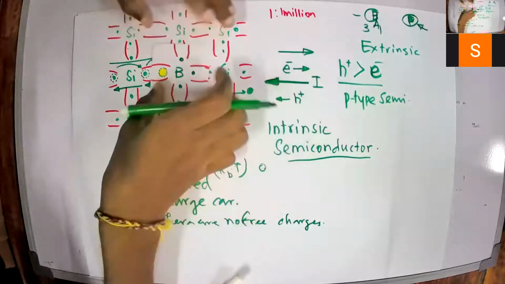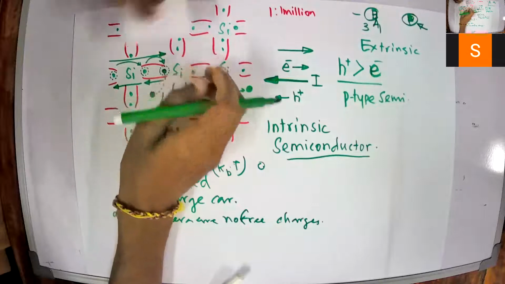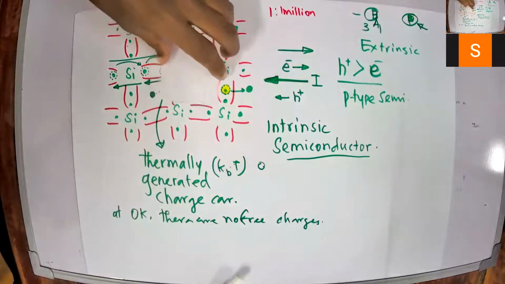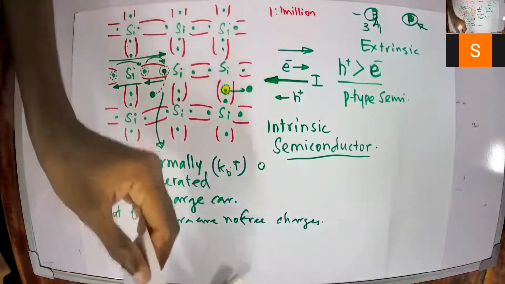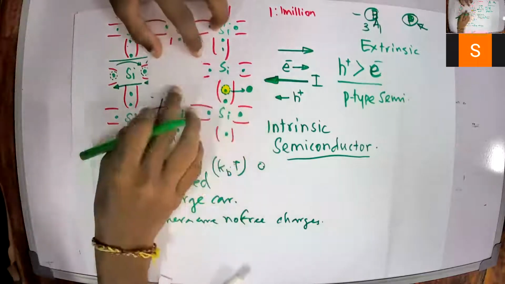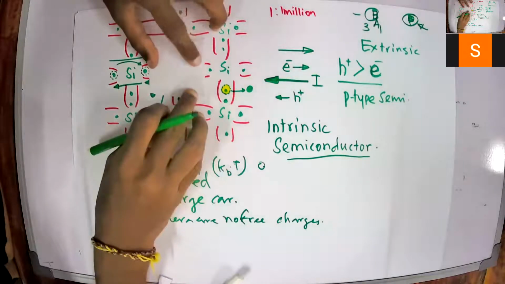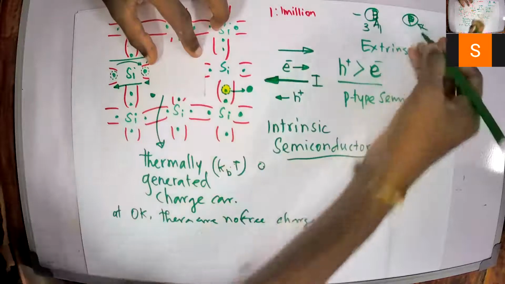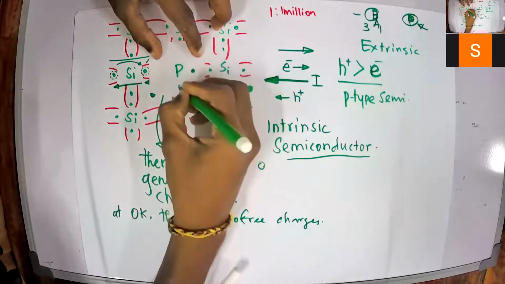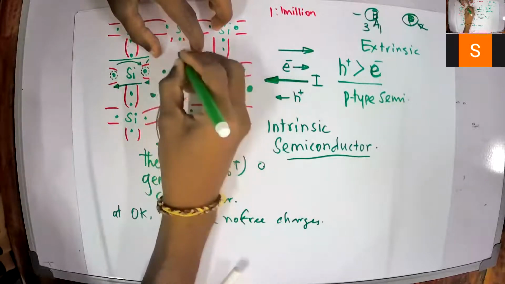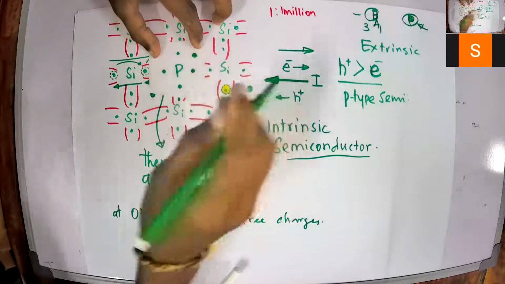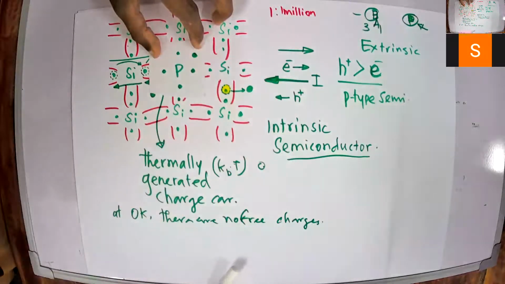Right. Now, let's see what will happen if I add a fifth group element. That is phosphorus, right? I'm adding phosphorus, which has 1, 2, 3, 4, and then it is going to have a 5th electron in its orbit.